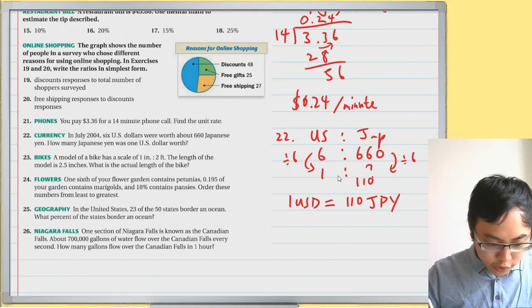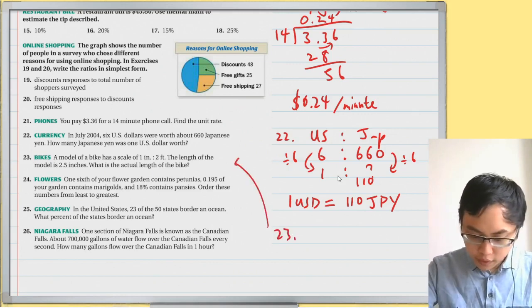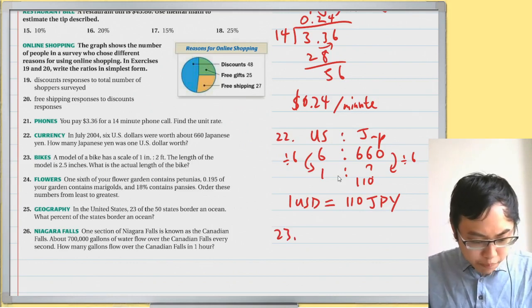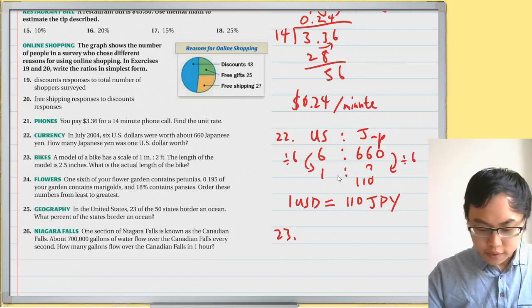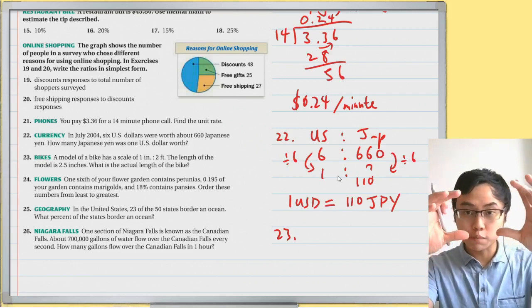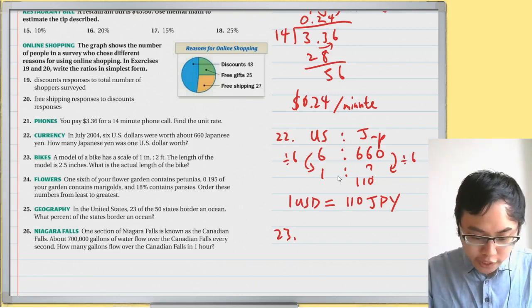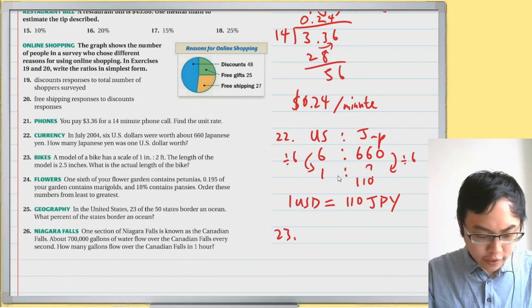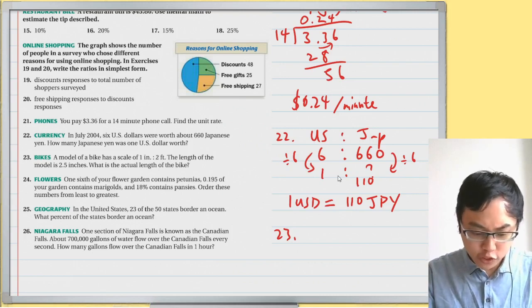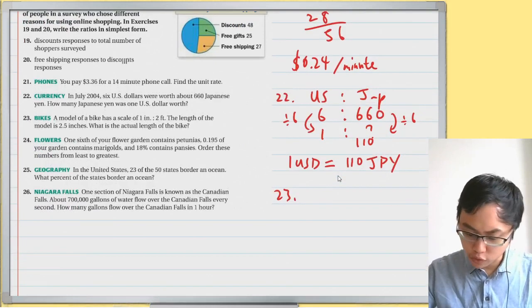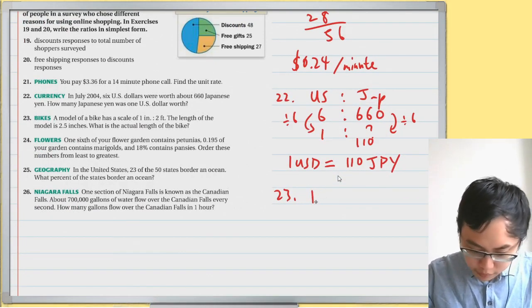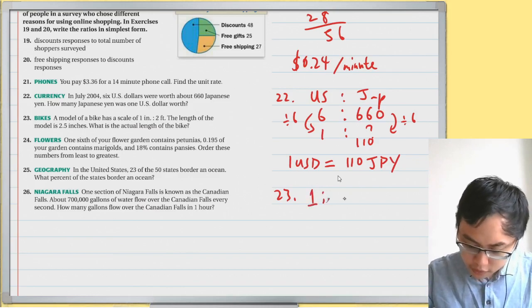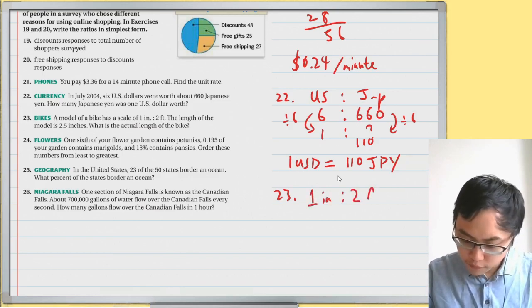Question 23. We can still see the question over here. Okay. So a model of a bike has a scale of 1 inch to 2 feet. Model meaning a small toy bike. 1 inch is equal to 2 feet. The length of the model is 2.5 inches. What is the actual length of the bike? So 1 inch is equivalent to 2 feet.